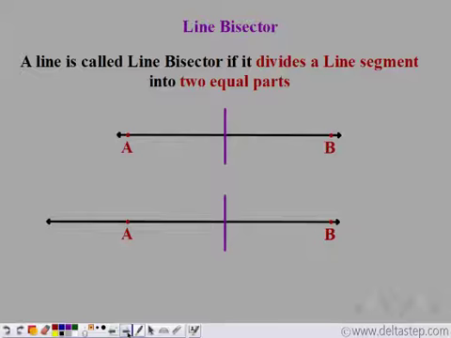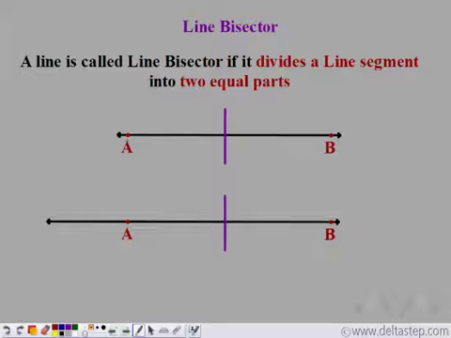But this line is the same as this line. This is a line passing through the points A and B. Even this is a line passing through the points A and B. So these two lines are the same. So this is not a bisector of this line. Hence this is not a bisector of this line as well.